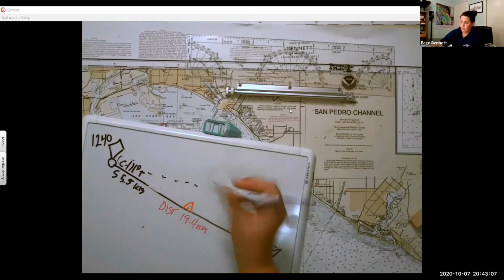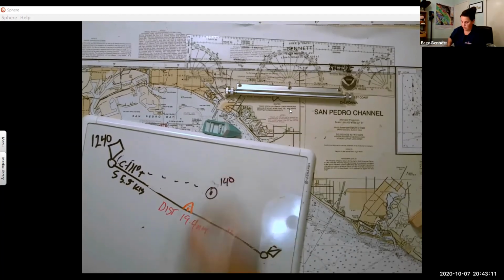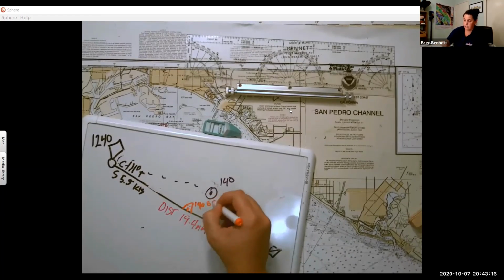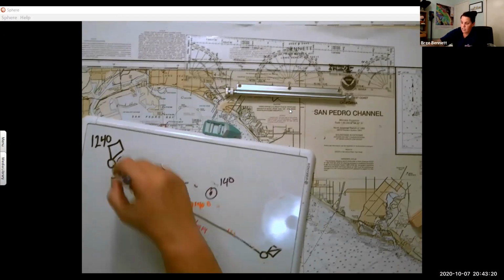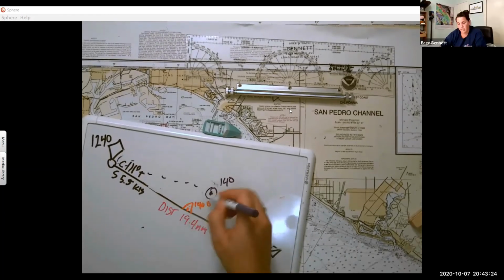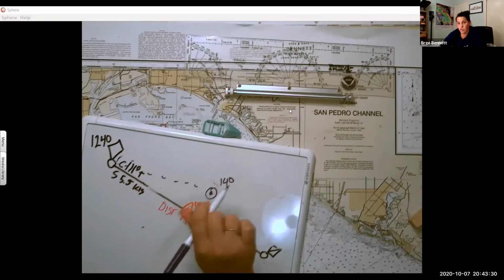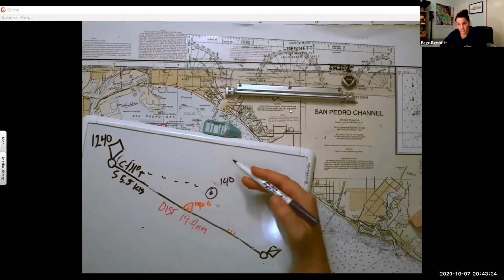We've drifted up over here. Let's make this more accurate. We've drifted here at 1400 when we thought we would be here at 1400. So we've made a little bit better speed because we've gone farther than our anticipated track line, but we've also been pushed pretty far to the north, which is closer to our coastline.